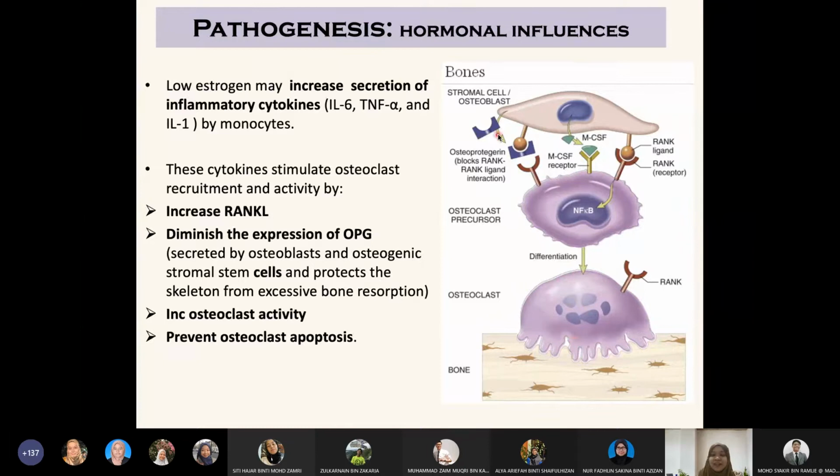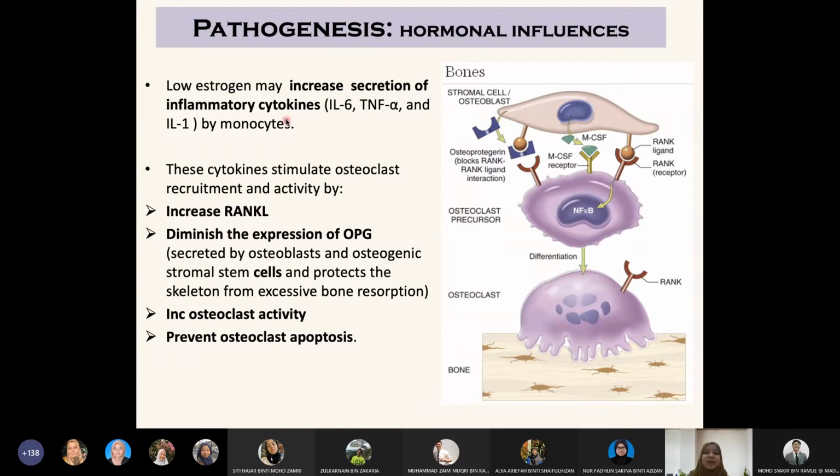And then the stroma will produce something called osteoprotegerin, and this osteoprotegerin will block the RANK ligand and interfere with the interaction between these two. So if you have reduced osteoprotegerin, there is nothing to interfere with this interaction, so you will have more osteoclast precursors differentiated into osteoclasts.